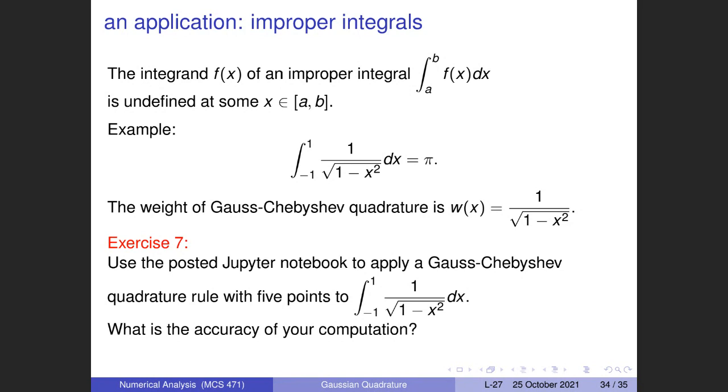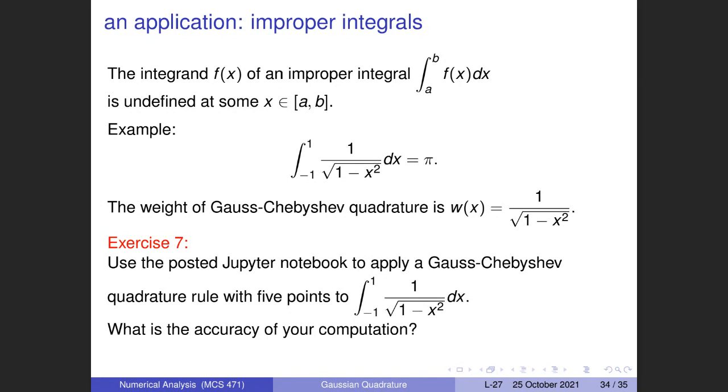The wicked functions are those that are not defined everywhere over the interval. Here is one example for which Gauss-Chebyshev quadrature is very well suited. If you make a plot of this function, then the function is not defined at the endpoints.